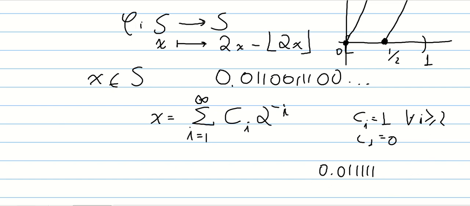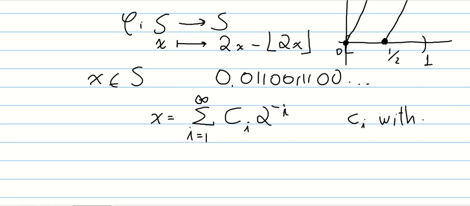But the way to make this decomposition unique is to require that this does not happen. How do we do this? We impose that the c_i have infinitely many zeros.